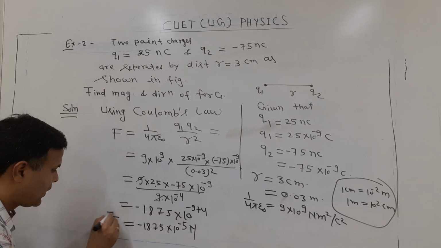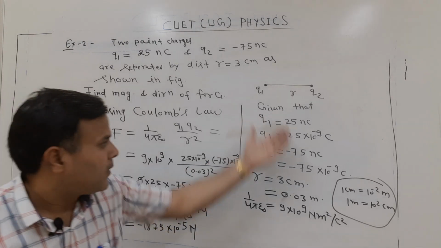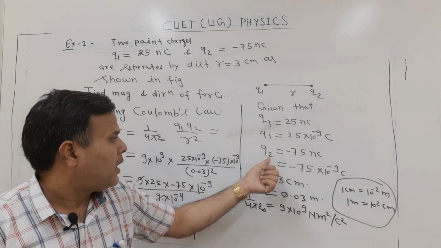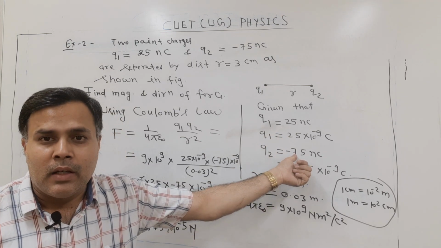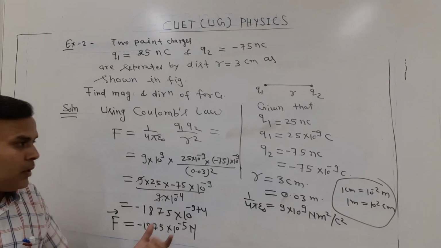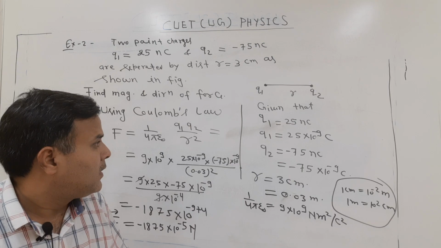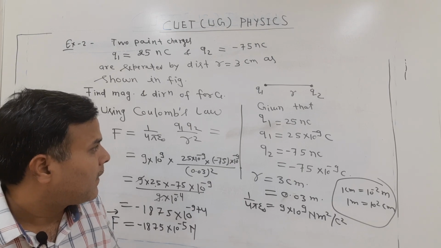What is the role of the sign? This sign shows that here q1 is positive and q2 is negative. So we can say that the nature of force is attractive, because q1 and q2 are of opposite sign.